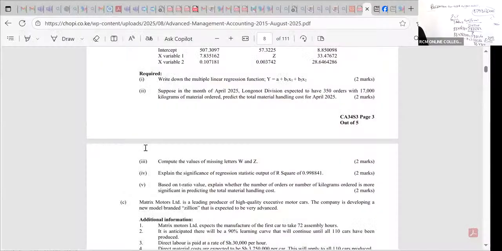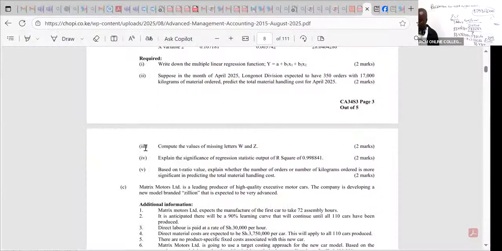So we continue. Question 4: explain the significance of the regression statistics output of R squared 0.99. Very easy, I will get all the marks. I'll change it first of all to percentage.